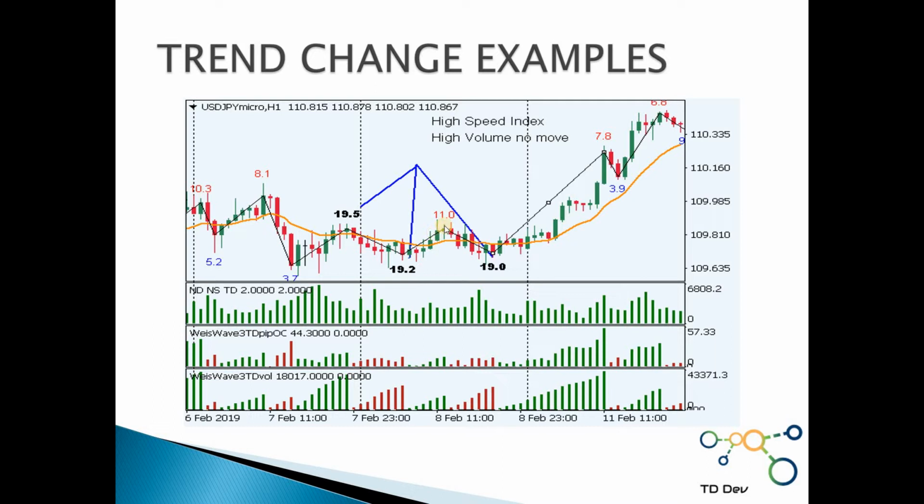Then we're going up with 11 and again 19, which means that every time the price tried to go down, the volume was big enough and the price movement was not that big. Therefore, we should be expecting a trend change after it breaks this significant level.